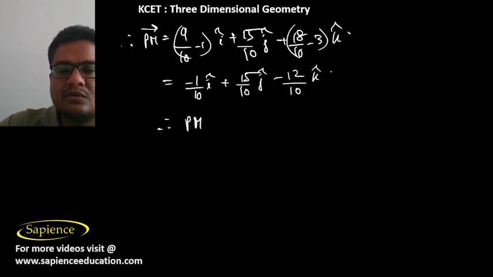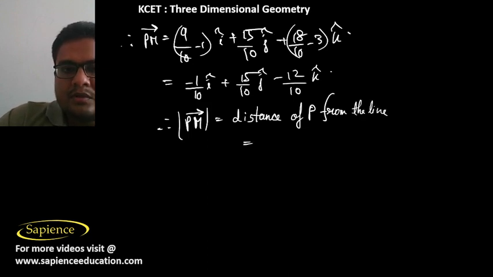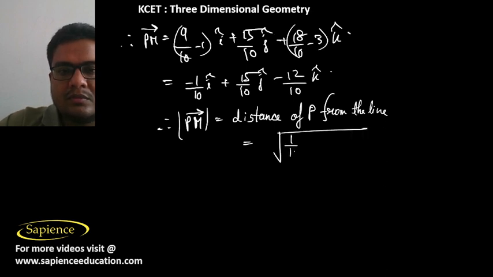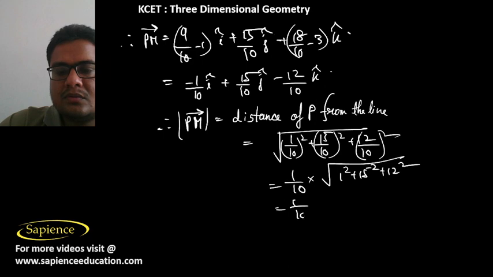Therefore the magnitude of PM vector, which is equal to the distance of the point P from the line, will be equal to square root of (1 by 10) whole square plus (15 by 10) whole square plus (12 by 10) whole square, which is 1 by 10 into square root of 1 square plus 15 square plus 12 square, that is 1 by 10 into square root of 1 plus 225 plus 144.